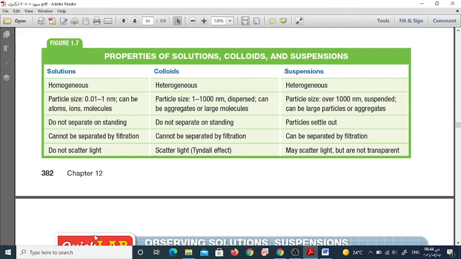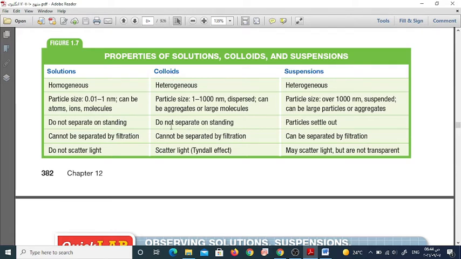This table explains some differences between solutions, colloids, and suspensions. As we said, solutions are homogeneous, colloids are heterogeneous, and suspensions are heterogeneous as well. The particle size of a colloid is less than 1000, and the particle size of a suspension is over 1000 nanometers.